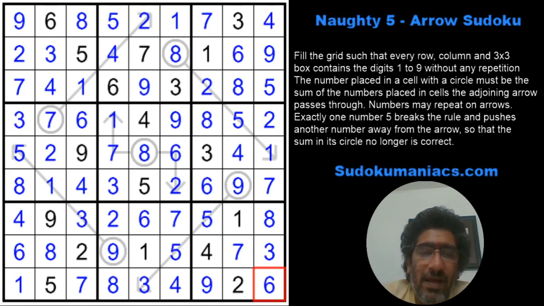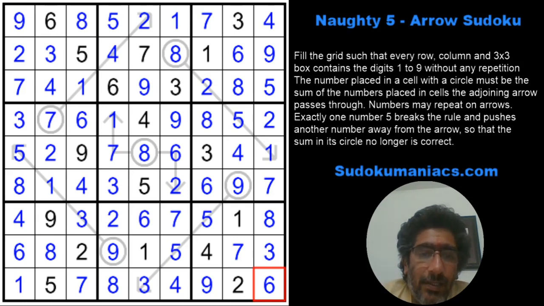This was really a fun puzzle to solve, and I think the crux of the puzzle is to identify which arrow would be the incorrect one. And also we have to remember, again, when we say it's an incorrect sum, it's not necessary that at the circle there will be any random number.